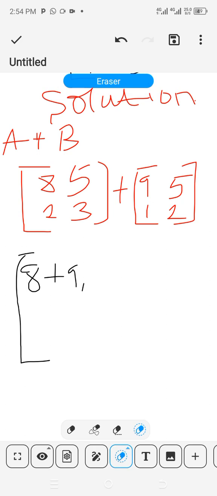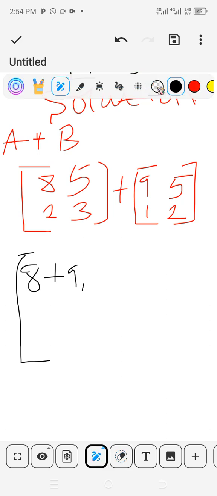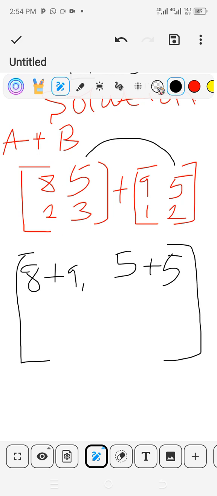The next number is 5. We'll take 5 and add it to the next number in matrix B. That is 5 plus 5. We are done with it also.